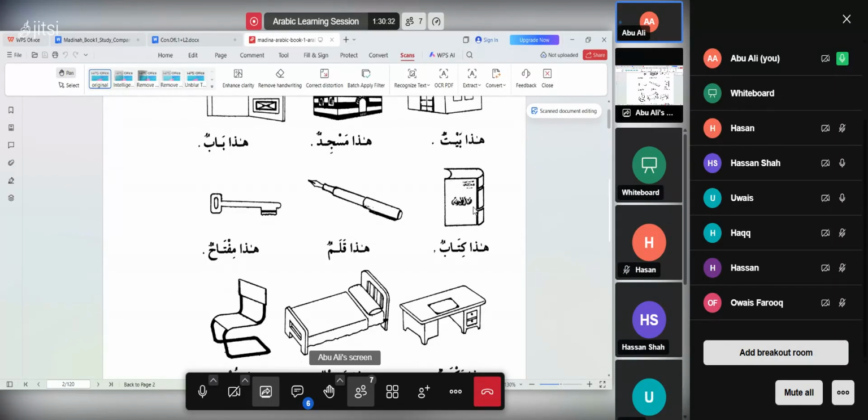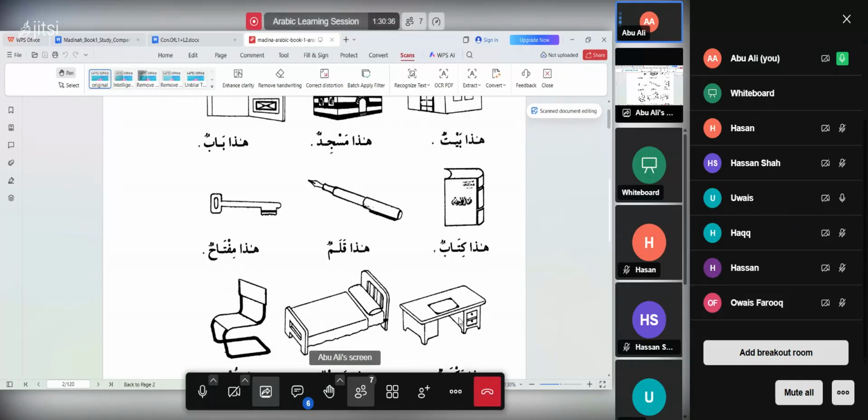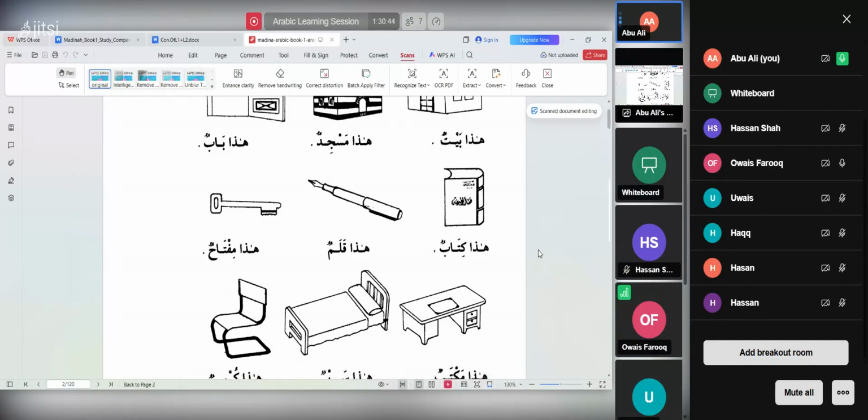Mr. Oais, you remember what we asked Hassan Shah regarding the words, whether they're definite or indefinite? Can you tell us, in this nominal sentence, هذا كتاب, where is the مبتدأ?